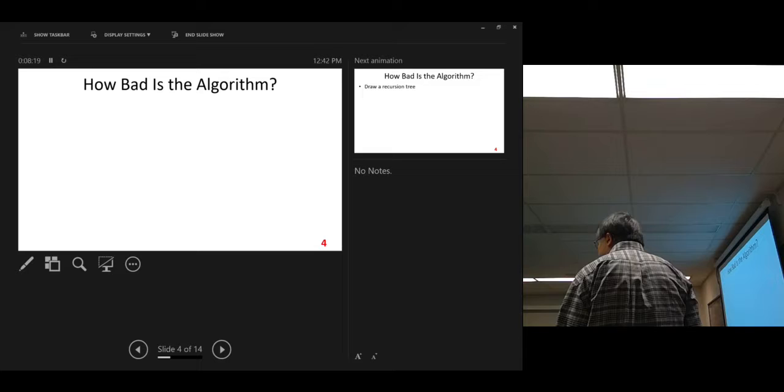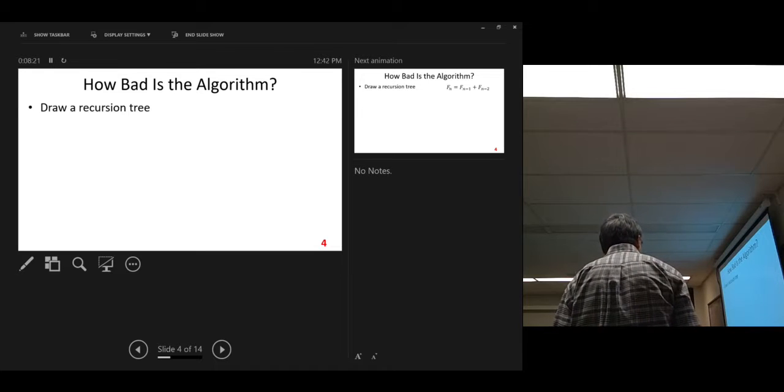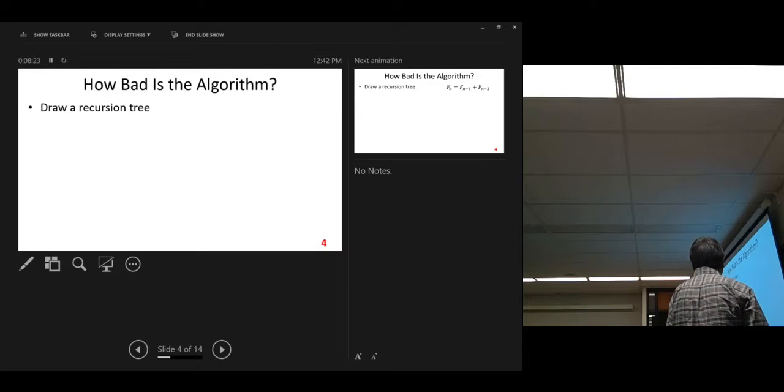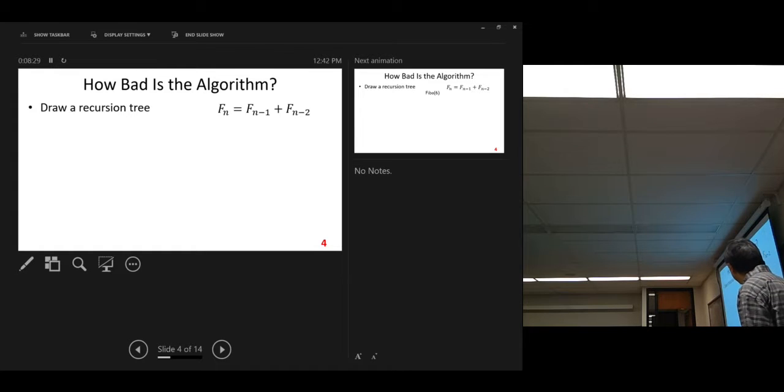How bad is the algorithm? Let's draw a recursion tree to find the reason why it is very bad. Okay. All right. So let's start with this recursive formula. We only need to calculate Fibonacci number of 6. It's good enough to see the problem.